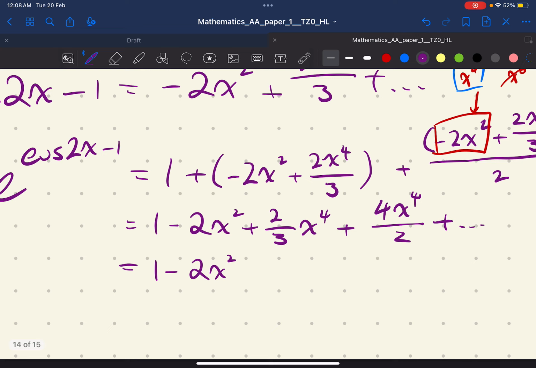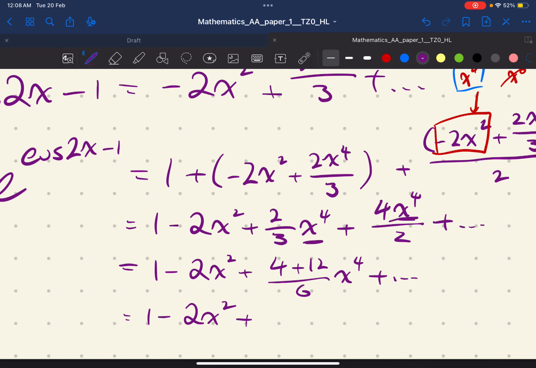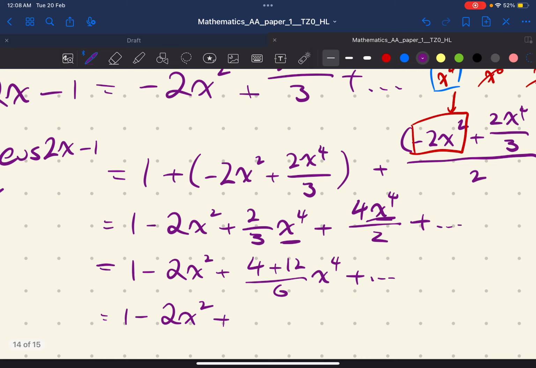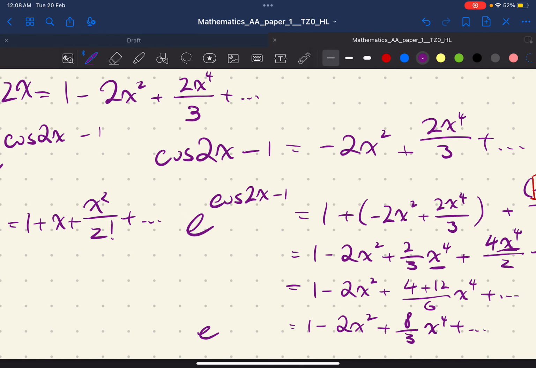And then here we just make them a single fraction because they are like terms. So there's like 4 plus 12 over 6. So 1 minus 2x squared plus 16 over 6. So divide that by 2, 16 over 6 is 8 over 3. Okay, so I think that's done already.